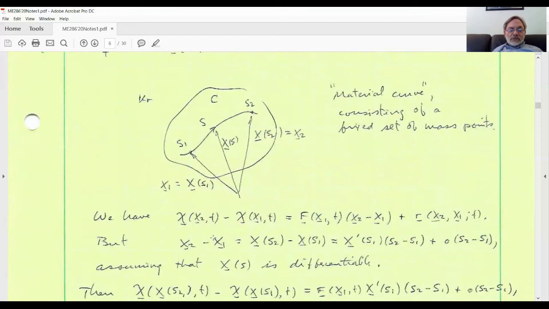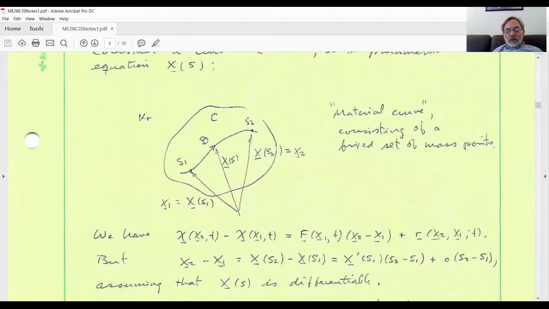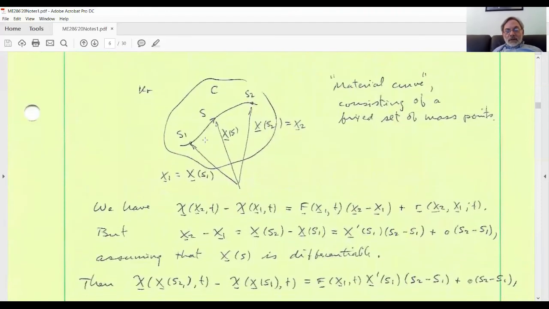at time t. However, X2 minus X1, these two points on this curve C, these are X at S2 minus X at S1. And if the curve is differentiable itself, that is the parametric representation is differentiable, then this difference can also be approximated by a linear function of S2 minus S1 when S2 is close to S1, or S2 minus S1 is small in magnitude.